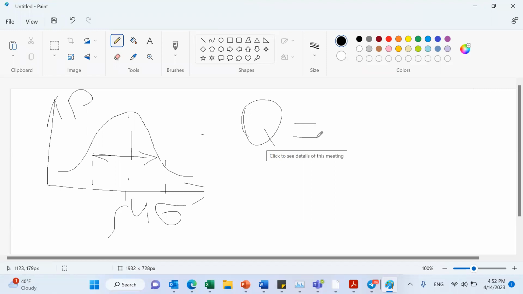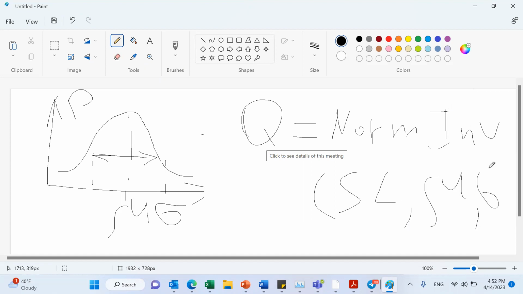So we used the NORM.INV function, if we're talking about Excel. When we had three parameters, the service level, our mean, and our sigma, our standard deviation.